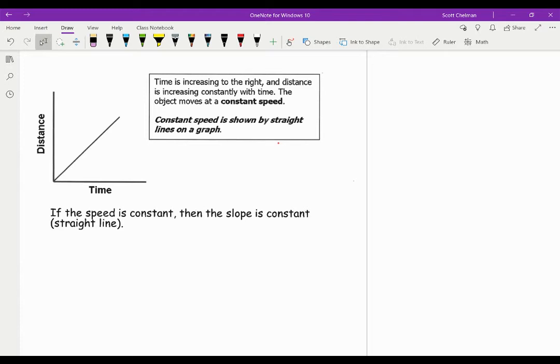Whatever the slope of the line is at any point along the line, that is the speed of the object. All right? That's another thing to get in your head. You see distance versus time, you see a line, you say, okay, the slope of that line is speed. Every time. All right? That's the significance of it. So, if you have a constant slope, that means you have a constant speed.